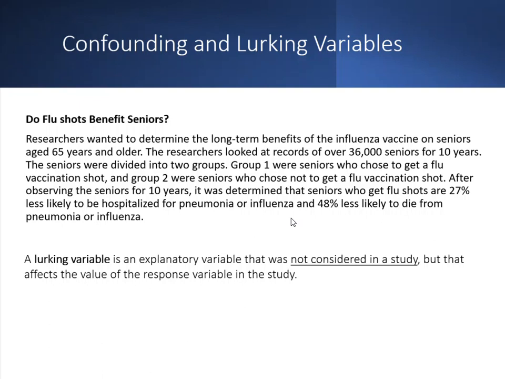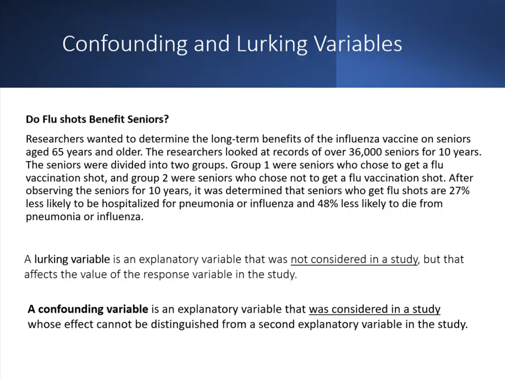Maybe they were around other people more, as opposed to some who were not quite as mobile, not around other people. So in other words, age, health status, and mobility could all be considered lurking variables, in that they were variables at the beginning, right? Their input is into the study, but they were not taken into consideration for the output, so the response.